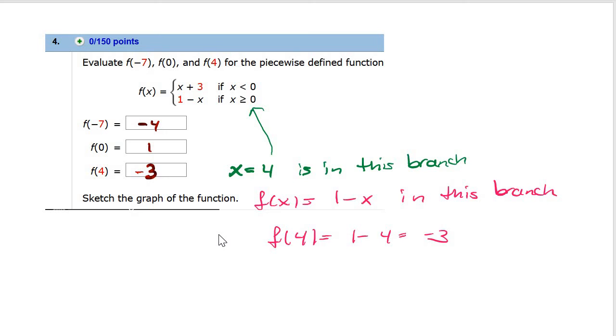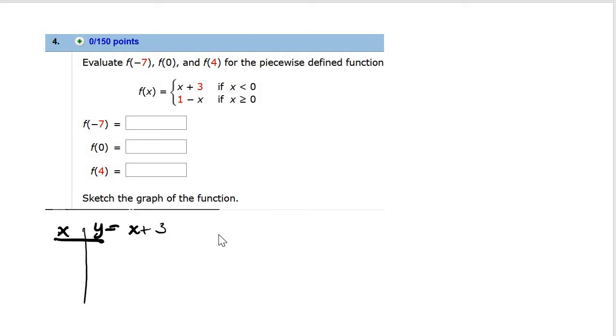Then I'm asked to graph this function. If I want to graph this, I need to graph both pieces. The top branch is for all x's less than 0. Choose some x values that are less than 0, but do the cut point. Notice the cut point here is not part of this branch, so I'm going to put a dotted 0, indicating that it's at the cusp, but not really part of this branch.